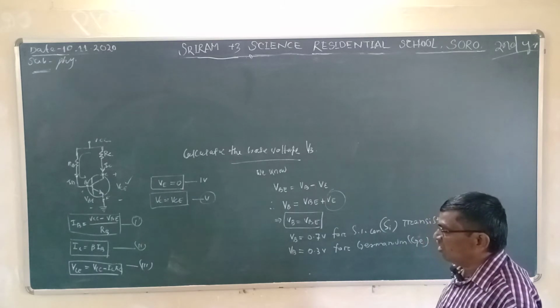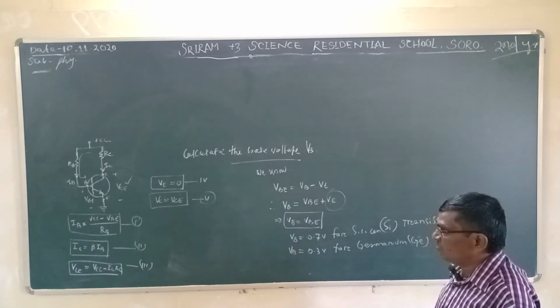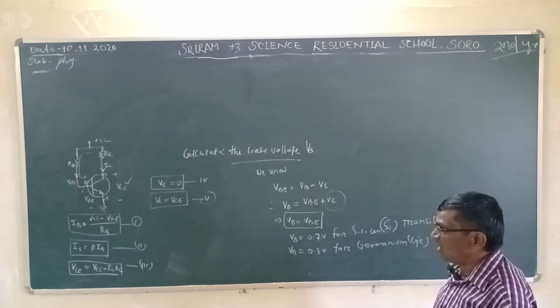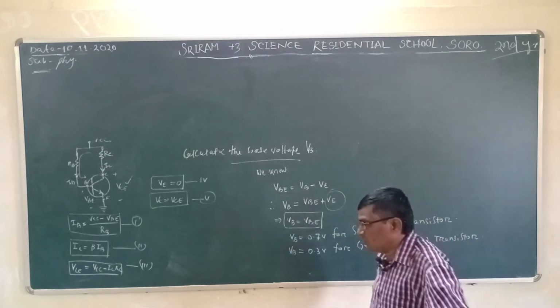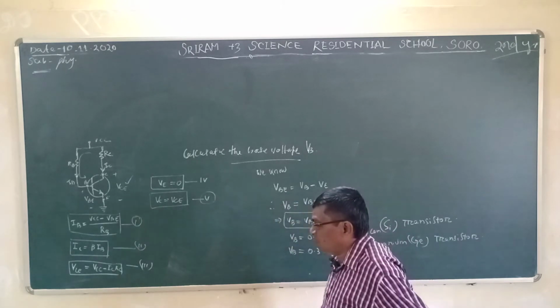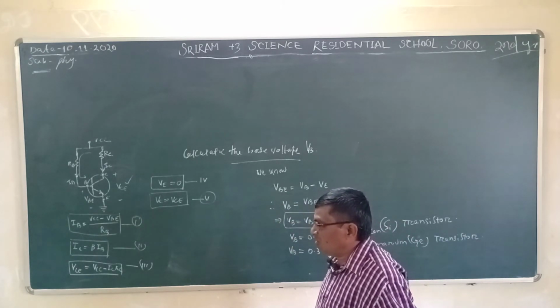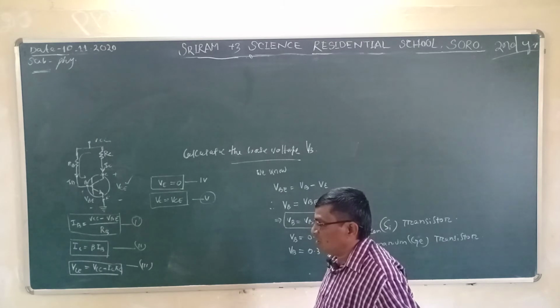This is the analysis of VCE, VB, VBE, VC, collector current IC and base current IB. This is our whole analysis of a transistor in a fixed bias or base resistor biased connection.